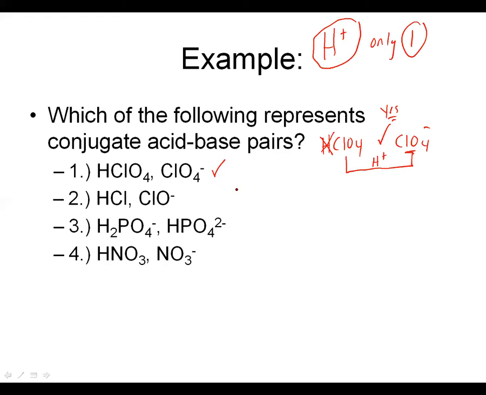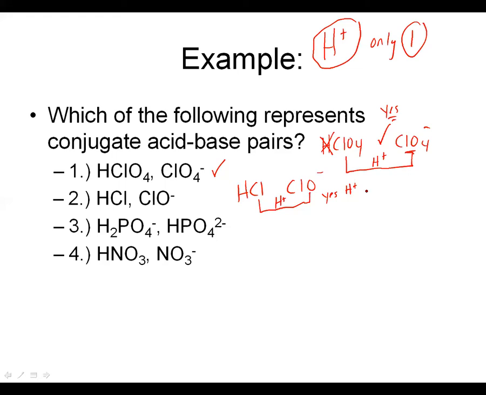When we look at number 2, HCl and ClO minus, again, we want to look at the two and decide what the difference is. Is the difference an H plus? The difference between those two things is, yes, it is an H plus. So you might be inclined to say it is an acid base pair, but there's also another difference.